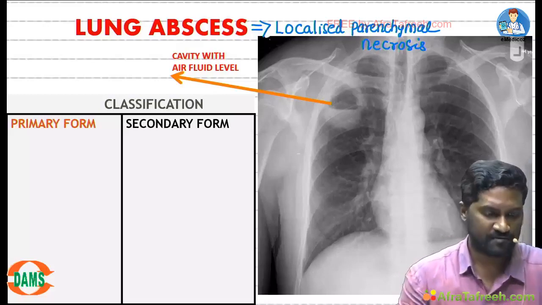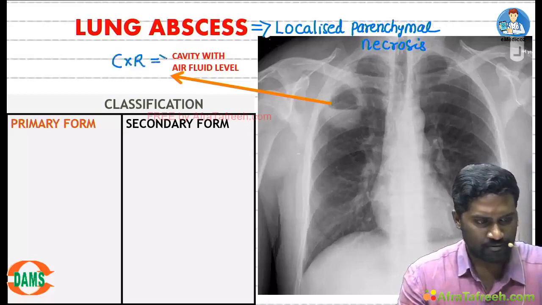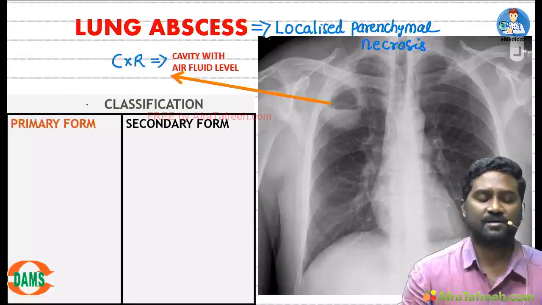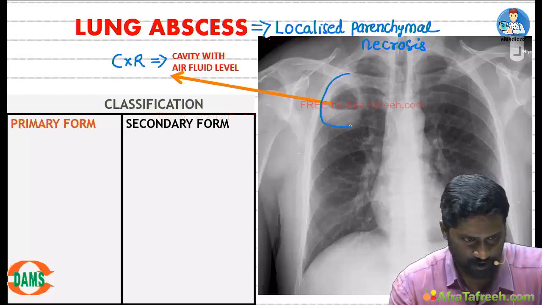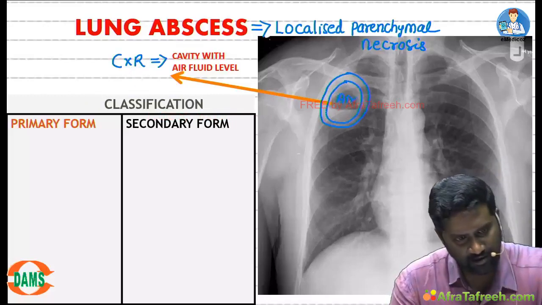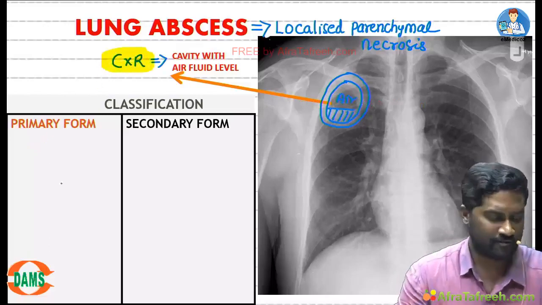That is lung abscess. And in the chest X-ray, you have to notice this cavity with air fluid level. So first thing, there will be cavity. There is air and there is also fluid. To call it a lung abscess, chest X-ray will show cavity with air fluid level.